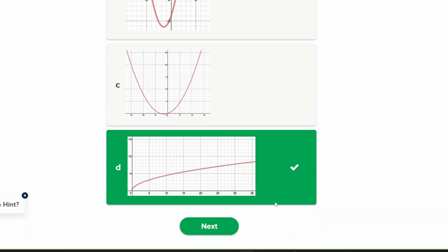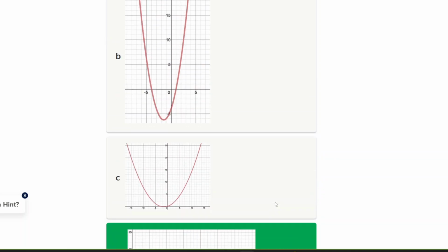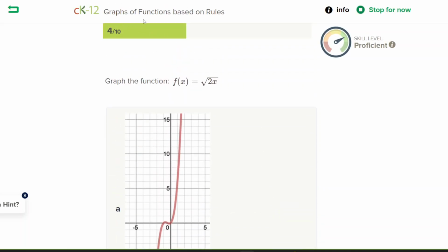And wonderful. All right. This is it. When you're asked to graph a function based on a rule, you're plugging in inputs, getting outputs, and every input-output pair represents 1 point on the coordinate plane. And you just keep plotting points on the coordinate plane until hopefully you see a pattern.